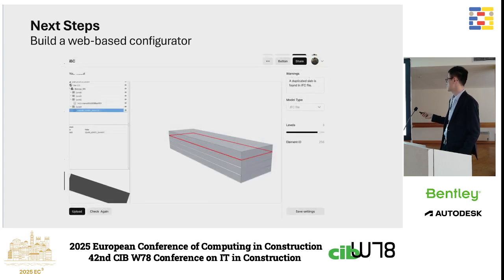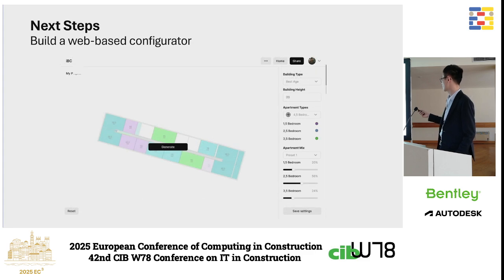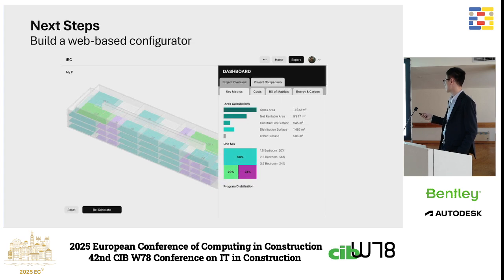Then the user is able to select a specific level and enter the building portfolio, the mix of apartments, and the system will generate various different designs using the key parts. From that, the system will output the related project performance, such as cost, energy, and carbon.